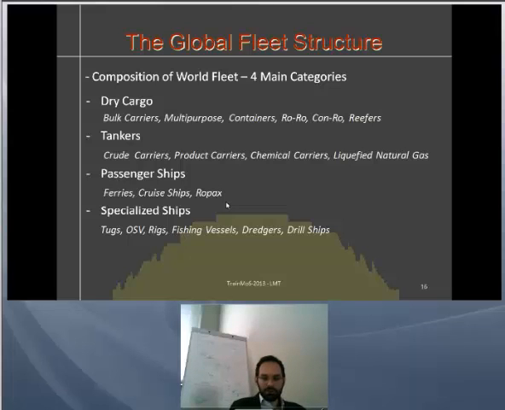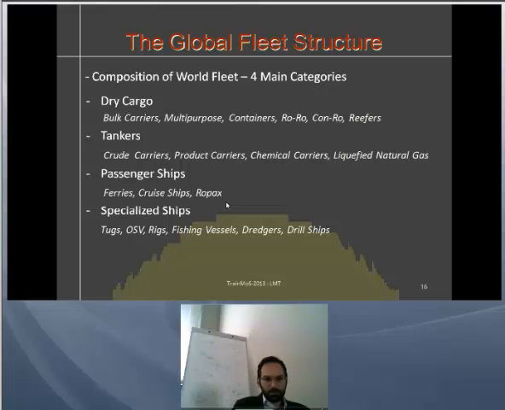And of course, the drill ships. Drill ships are used to drill and retain oil or gas from underneath, and they can also store and transfer the cargo to other vessels.